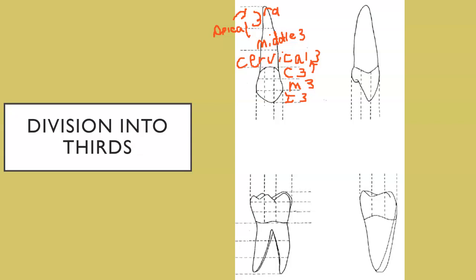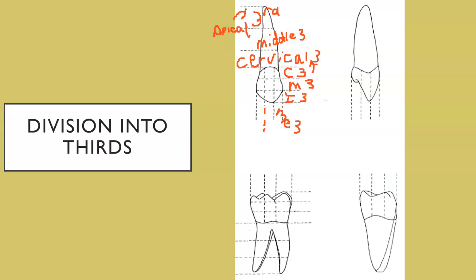Now we're doing our surfaces. We're going to say this is towards the midline. This is away from the midline, this surface here. So this one would be our mesial third. I'm going to do an ME because I abbreviated just an M for middle. So mesial third. This line should actually extend downward.